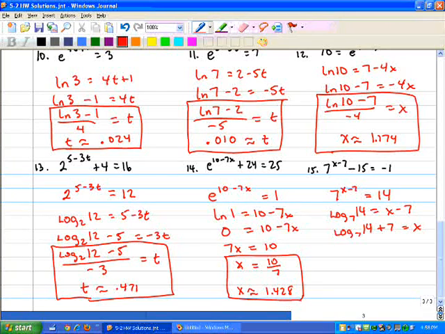Now, to evaluate in the calculator, log base 7 of 14 is ln 14, close parentheses, divided by ln 7, close parentheses. Then we add 7, hit enter, and our decimal approximation is 8.356. That's part 1 of the homework solutions for 5-2.